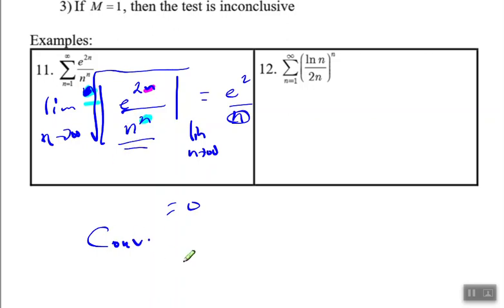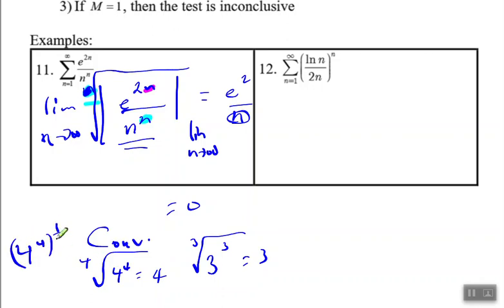And let's talk about this a little bit. So if I have 3 cubed, and if I take the cube root of that, that's going to give you 3. So that's saying the cube root of 27 is 3. And if I have the fourth root of 4 to the 4th, you can see that as 4 to the 4th raised to the 1/4 power.